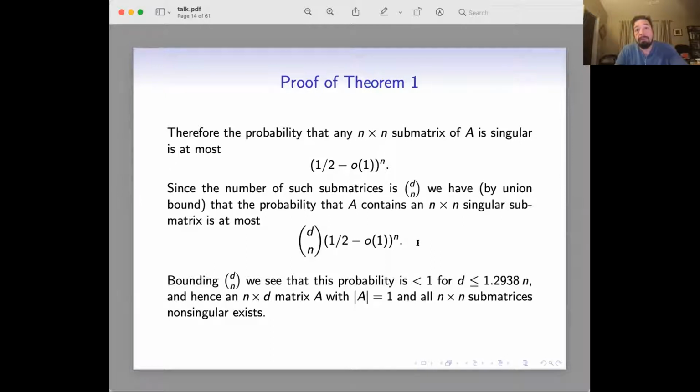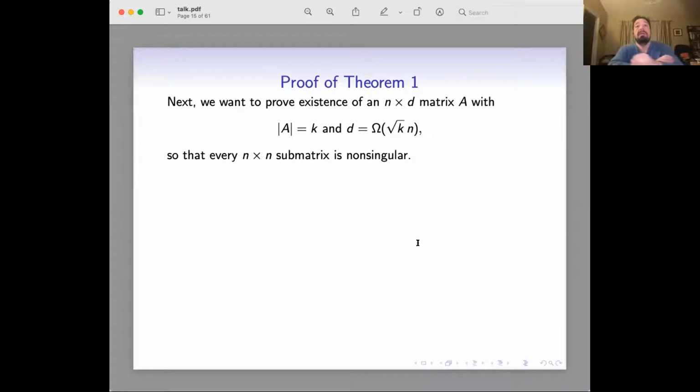Now, for the second part, with arbitrary sup norm, we argue in a very similar way, actually. So now we assume that the sup norm of A is K, and we want to prove that one can choose such an n by d integer matrix with sparsity level n, and D being big omega of square root of k times n.